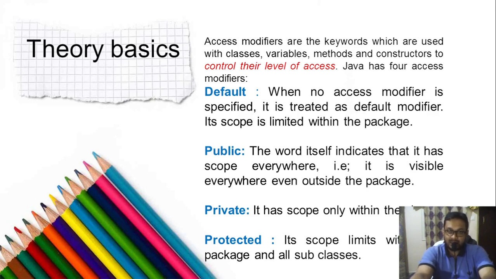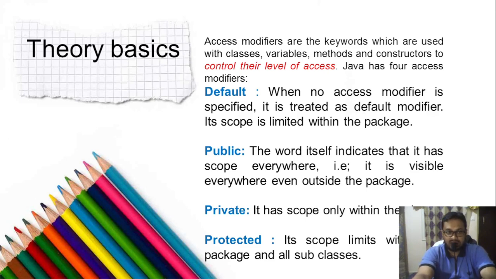So when no access modifier is specified, JVM will automatically assign the default access modifier. In Java, the technical term is access modifier. Okay, I use access specifier and access modifier interchangeably, but the standard term used by the later versions of Java is access modifier only.